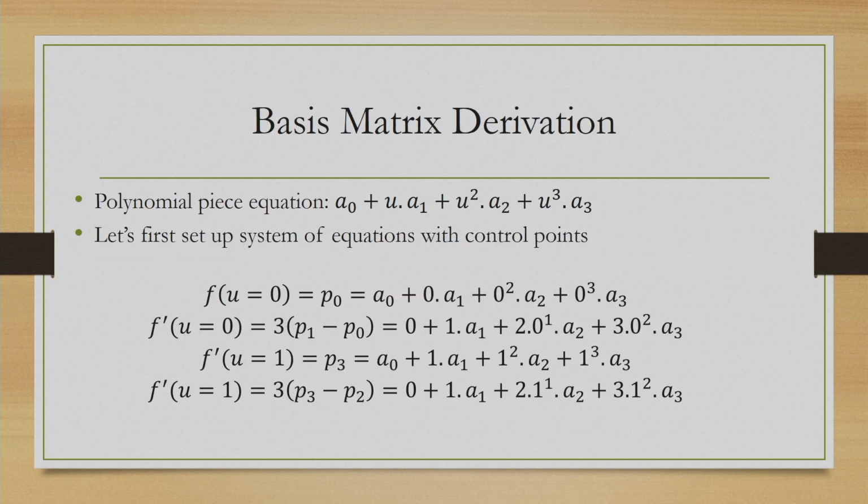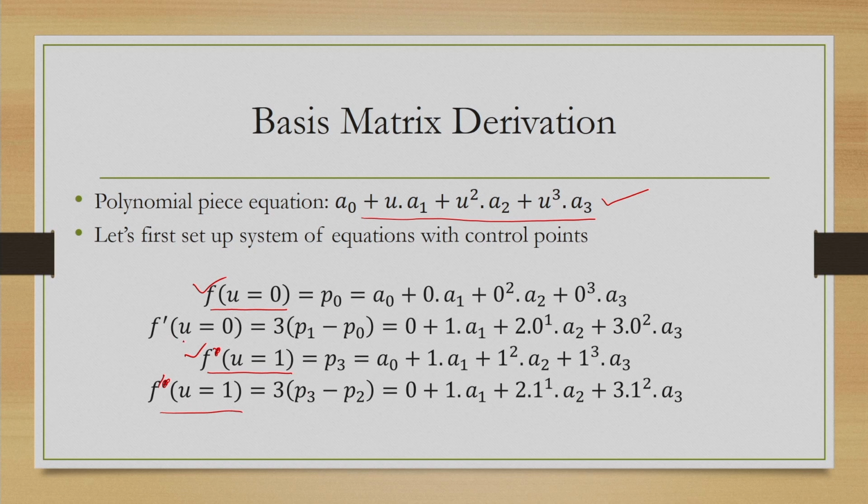Now, we can set up the equation. This is the cubic polynomial equation as we have seen before, and if we replace the boundary values, this should be the boundary value, this is one value and this is another value, and this should be the first order derivative at u equal to 1.